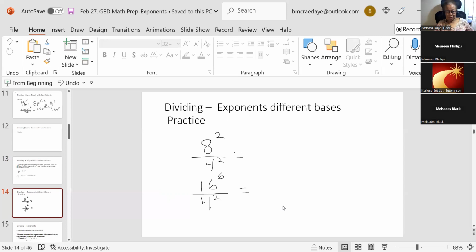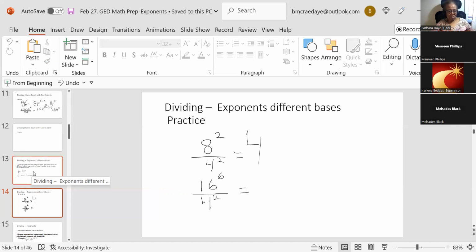Tell me what to write. What are we subtracting? What numbers are we subtracting? We're subtracting 2 from 2. So subtracting what? 2 from 2.